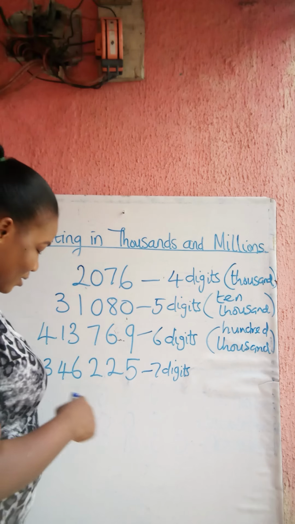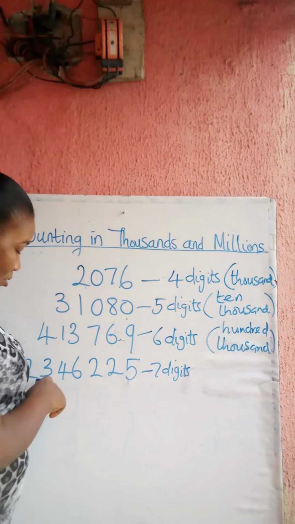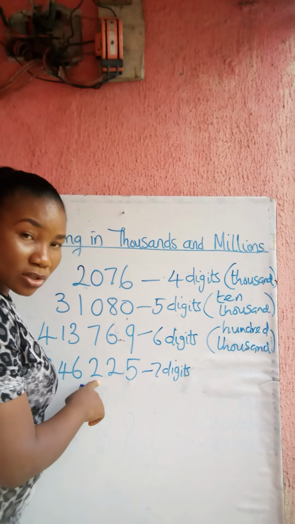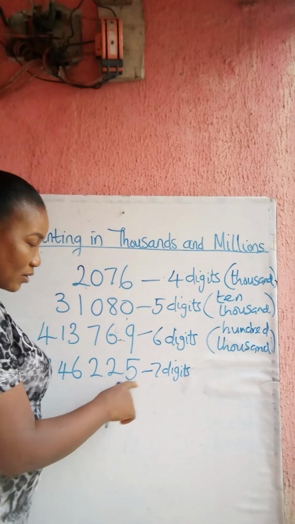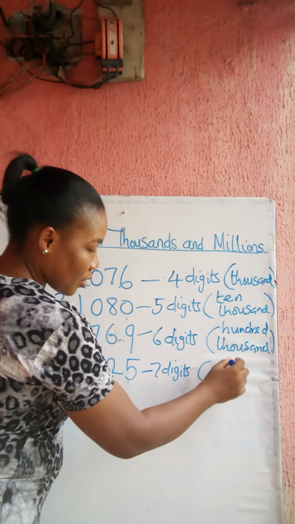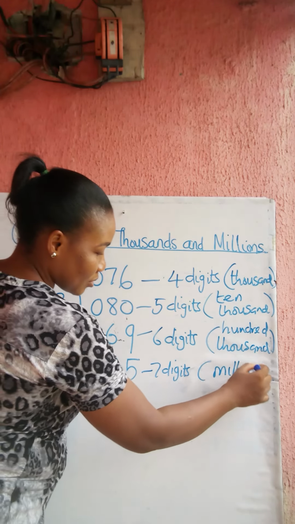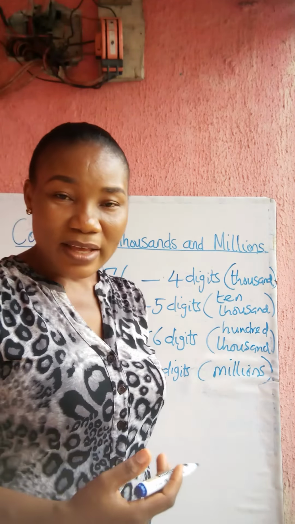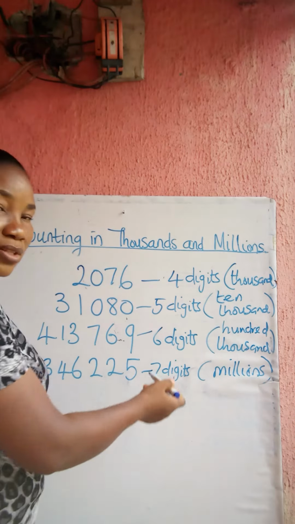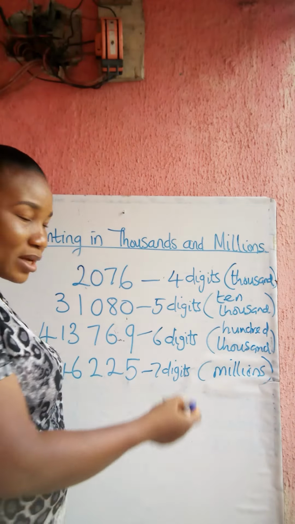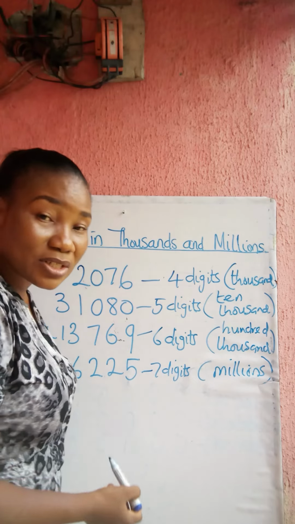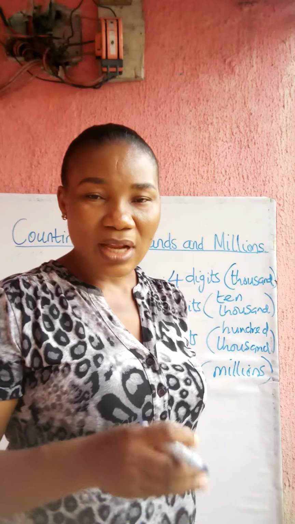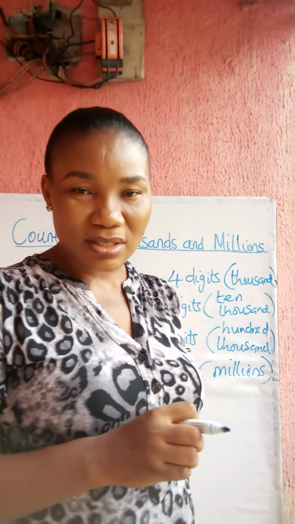So a 7-digit number falls under millions. With these examples on the board, I am sure you'll be able to read 4-digit, 5-digit, 6-digit, and 7-digit numbers.